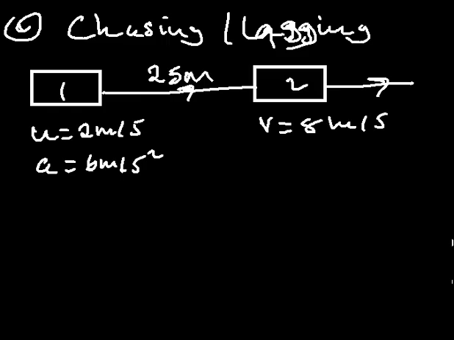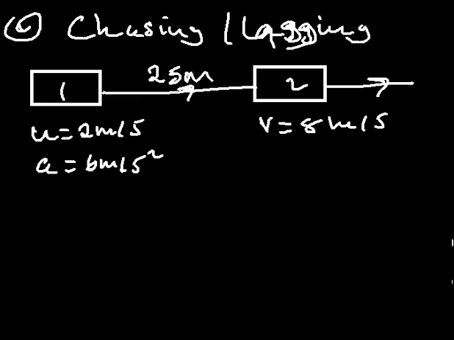Let's use the same separation distance of 25 meters. What is the distance object 1 has to travel to catch or overtake object 2? What will be the final velocity for object 1 as it catches or overtakes object 2? And also the time taken.